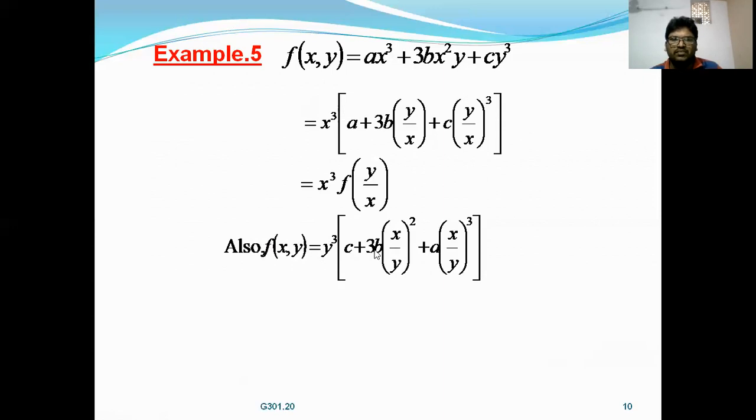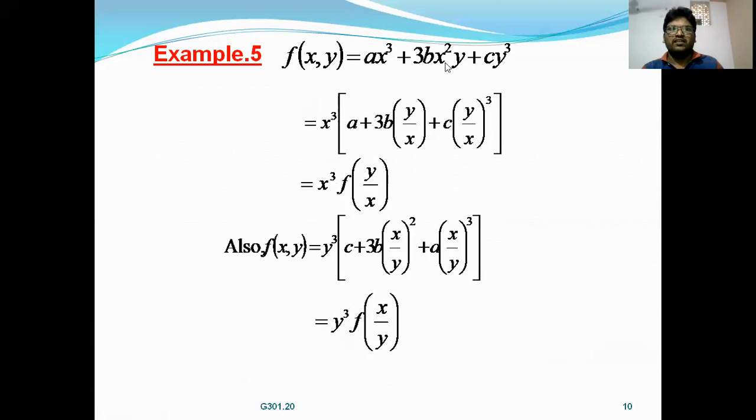C plus 3b into x by y whole square plus a into x by y whole cube. Now this can be written as f of x by y. We are taking here y cube, so this can be written as y cube into f of x by y. So these functions are homogeneous functions.